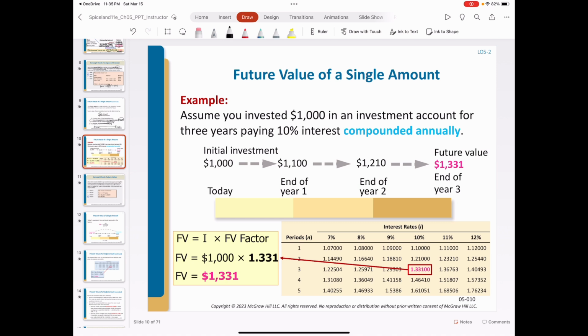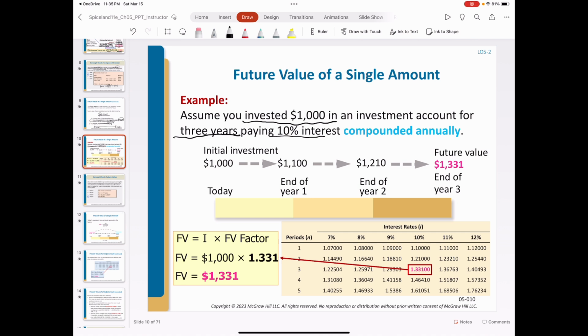First example, you're given the invested amount 1,000. This represents the amount of cash invested at the beginning, or at the present. 3 years, 10%. So here, 3 years is not the number of periods.